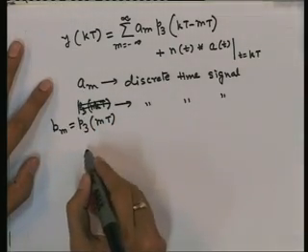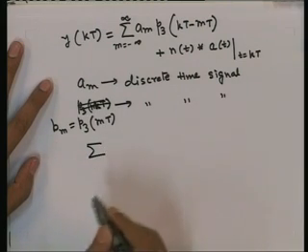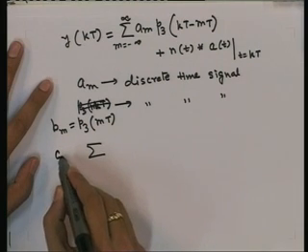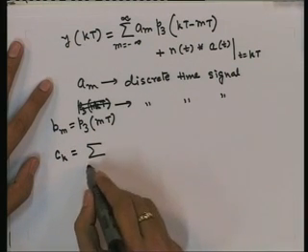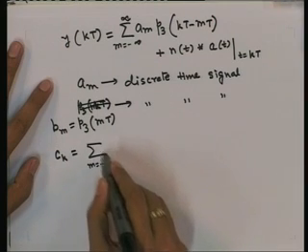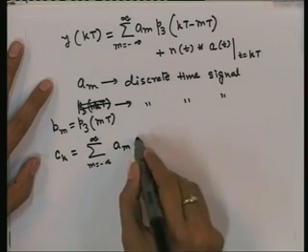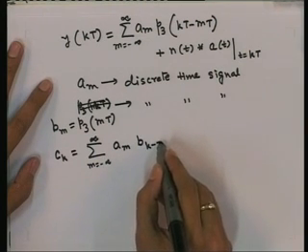What is the discrete time convolution of two discrete time sequences? Suppose the convolution at k is c_k. c_k is the sum over m equal to minus infinity to infinity of a_m b_(k minus m).